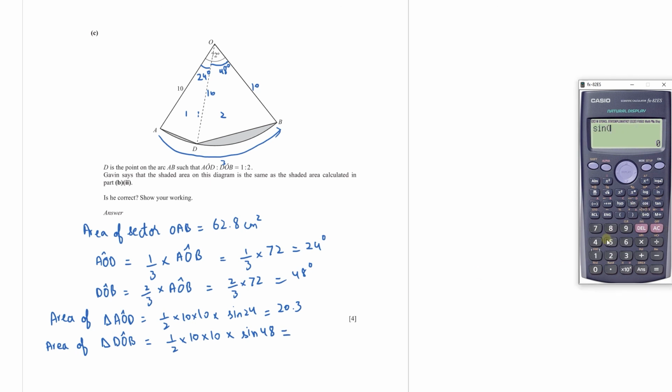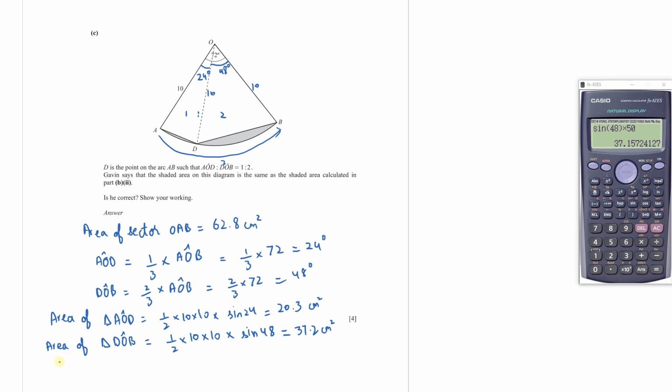So again, sine of 48 multiplied by 50. So this will be 37.2. So this is centimeter square. This is also centimeter square.